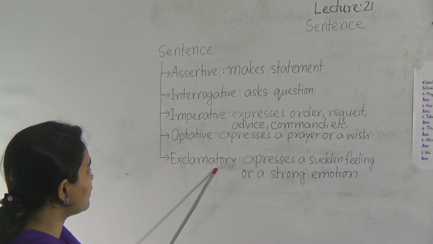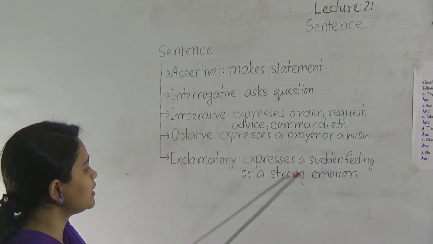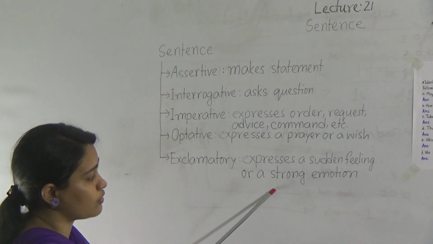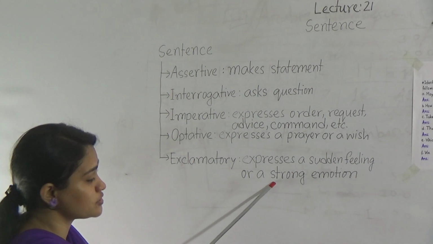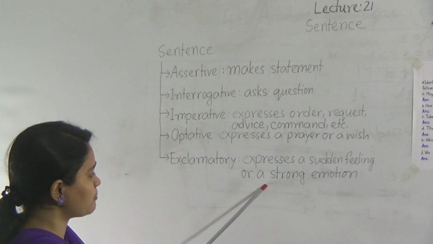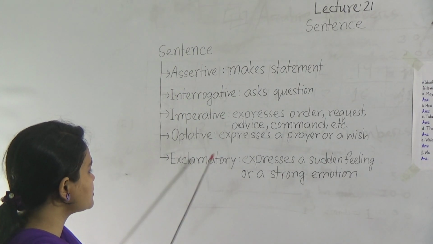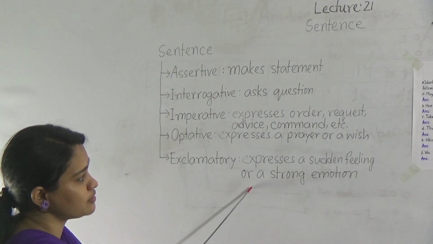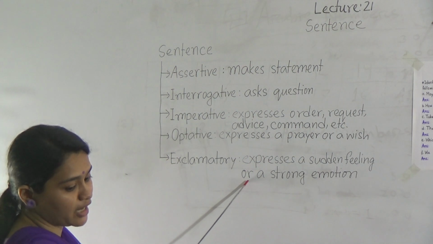The exclamatory sentence expresses a sudden feeling or a strong emotion like joy or happiness, sorrow or anger, or when we become surprised. In an exclamatory sentence you will always find an exclamation mark. We need to use an exclamation mark, right?